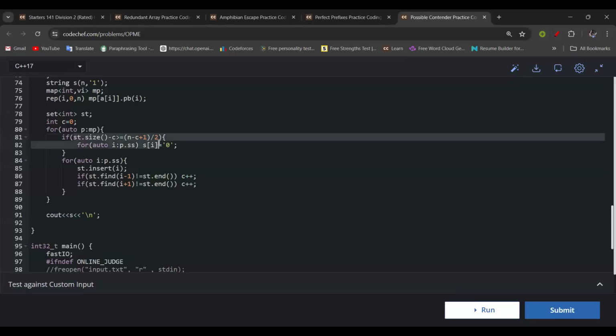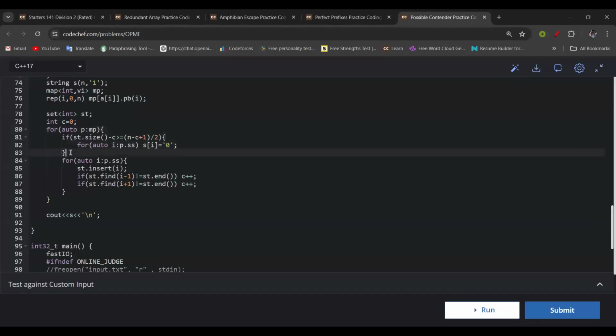And if we have smaller in majority, we would say SI is 0 by going to each index of p dot second, which is the vector I have for the particular value. I'm iterating through the map. For the current value of the map, p dot second is the value vector. So for each index of that vector, I'm doing SI equal to 0. That's the first thing.